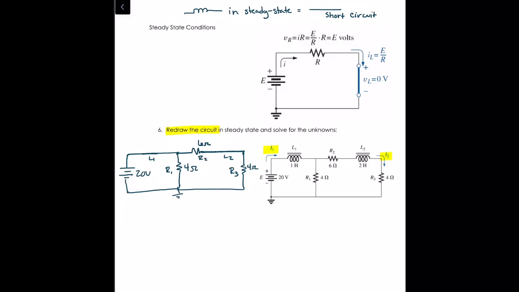So we've got basically a series parallel combination circuit here, so I'm going to combine my R2 and R3. Those resistors are in series, so I'm going to add those. So 6 ohms plus 4 ohms, I've got 10 ohms of resistance there.